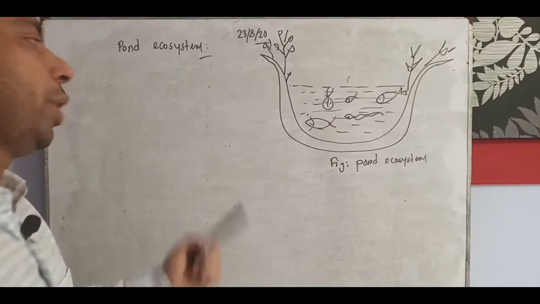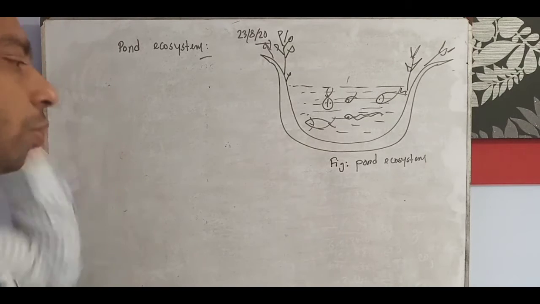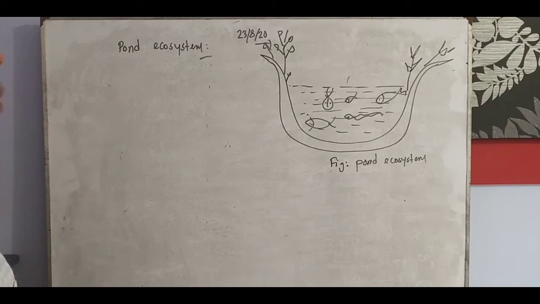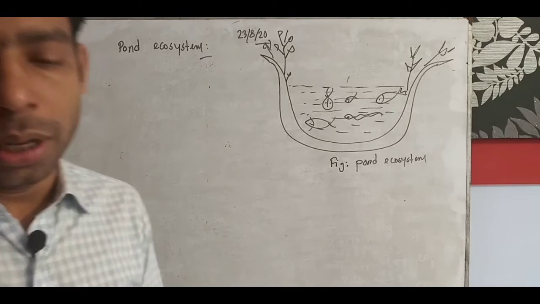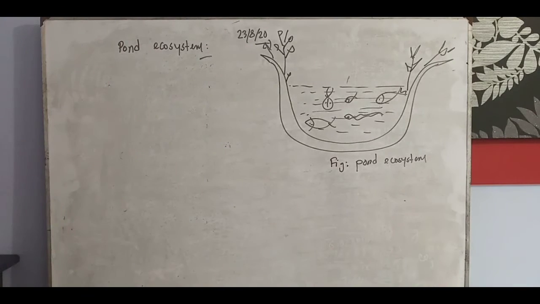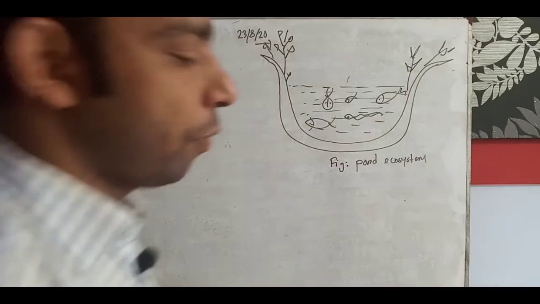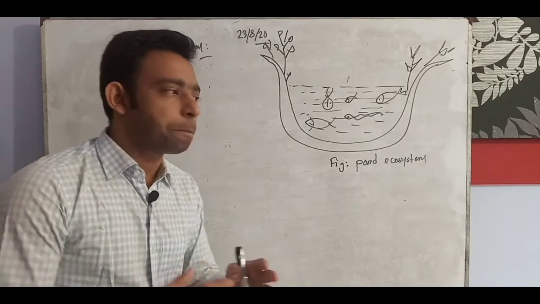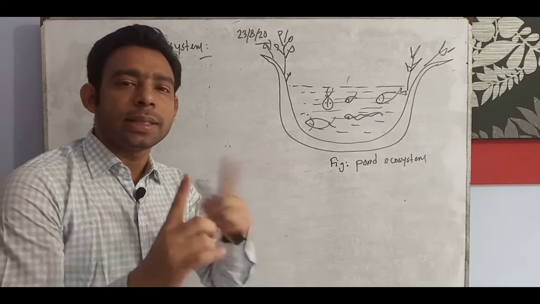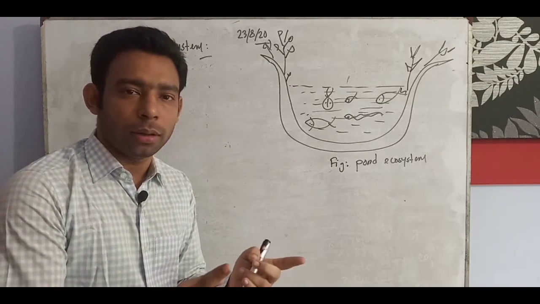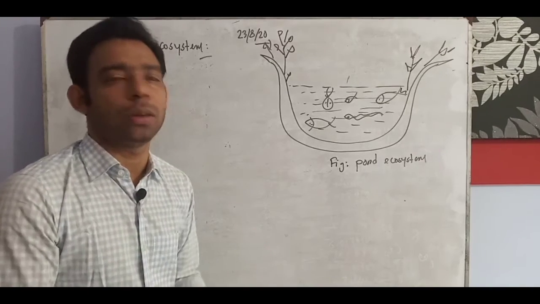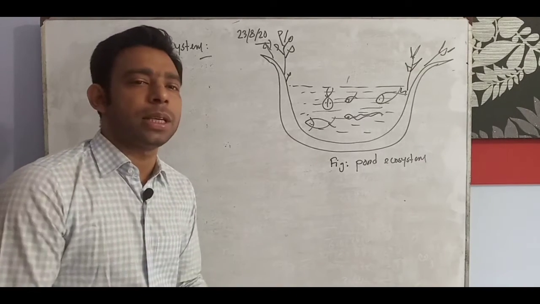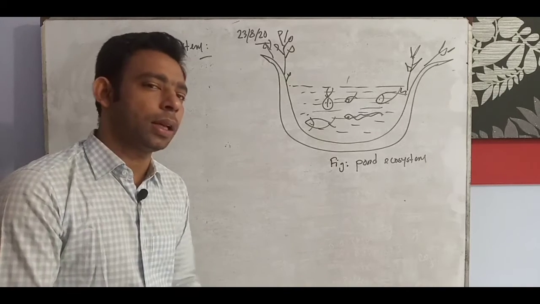So this one we can draw in this way. First of all, I want to give you an idea about the pond ecosystem. Generally, a short question asks what is an ecosystem. In the last class I told you that when there is an interaction between living things and non-living things in a distinct place or a distinct geographical area, that is the ecosystem.